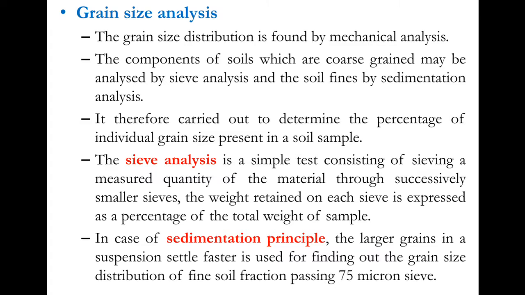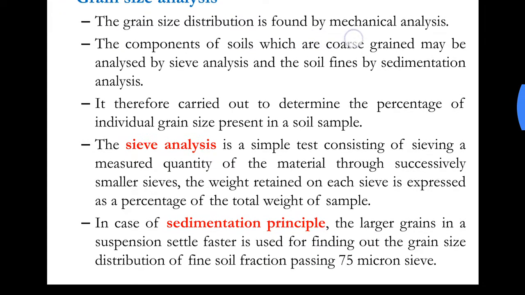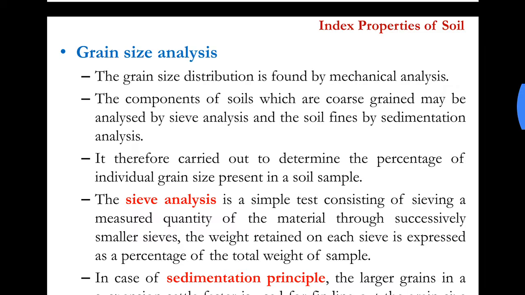What do we basically do in grain size analysis? We observe the size of each grain in a soil and then classify them based on the grain size. Soils with higher grain size and soils with lower grain size, we classify them using the size of grains. The grain size distribution is found by mechanical analysis.